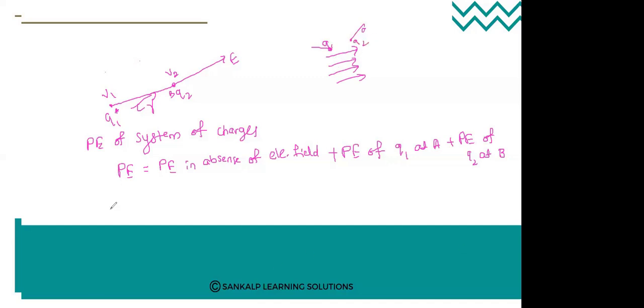Right. So first we are writing the expression for what? The potential energy of the two charges in absence of the electric field. In absence of the electric field, the potential energy is given by 1 upon 4 pi epsilon naught, Q1 into Q2 divided by R, plus potential energy of Q1 at A, which is Q1 into V1, plus at B it is Q2 into V2.